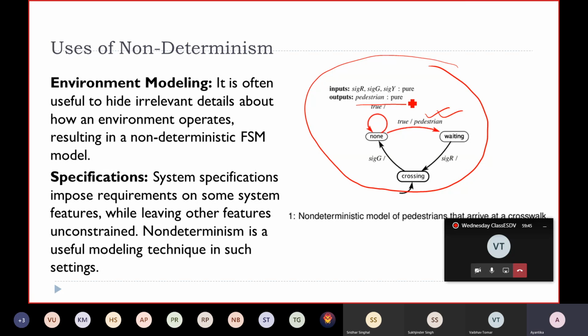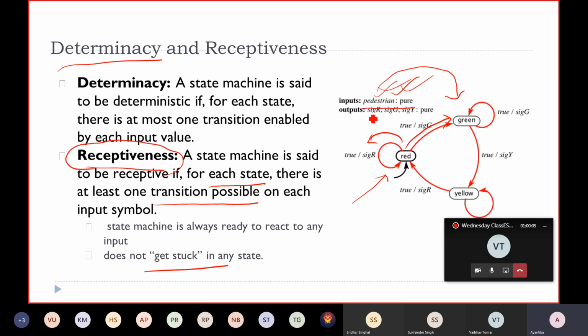This is another FSM that the pedestrian is maintaining, where you are controlling the pedestrian's characteristics and dynamics. There you consider the pedestrian as an output value, and this discrete output you are sending as a discrete input to the traffic light controller FSM.